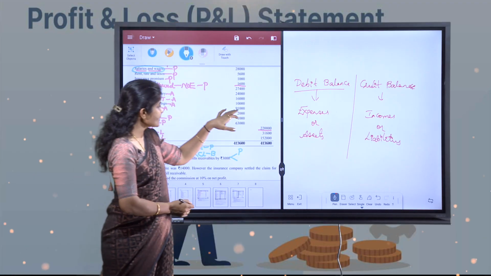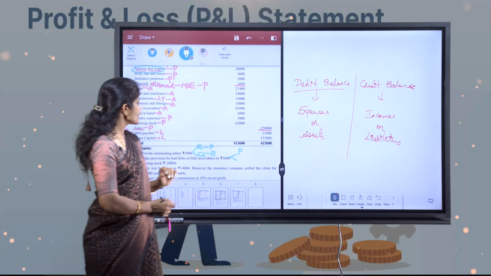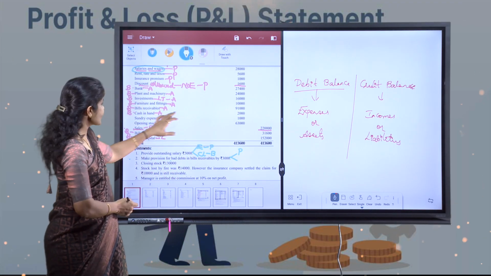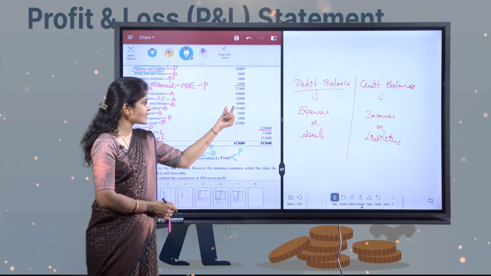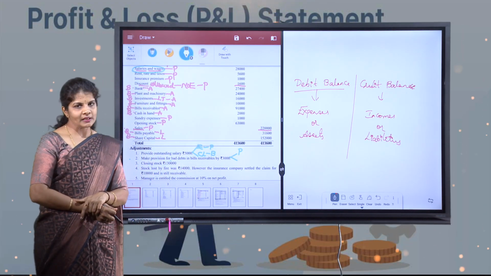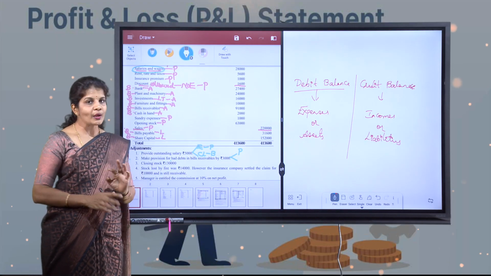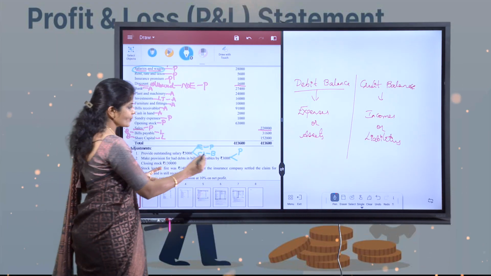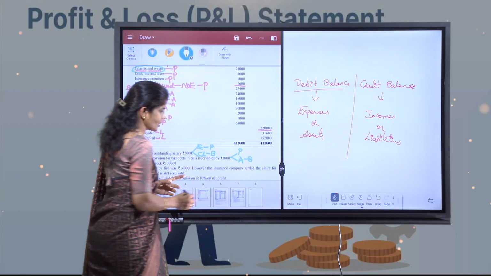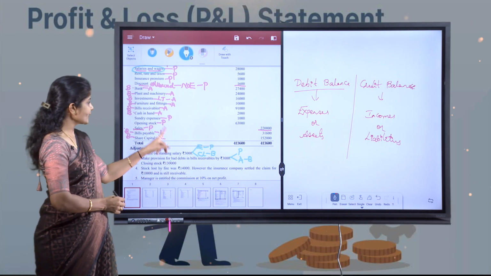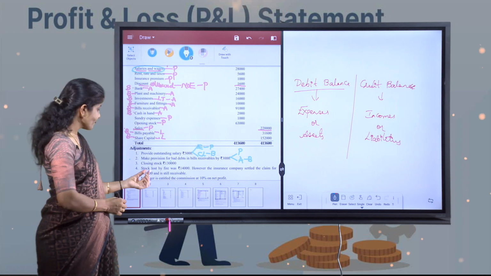See, here we have bills receivable of 91,000 rupees. This 3,000 rupees can be deducted from this 91,000 because this 3,000 is not recoverable. Understood? So this can be taken under the asset side of the balance sheet, and it should be deducted from the bills receivable.